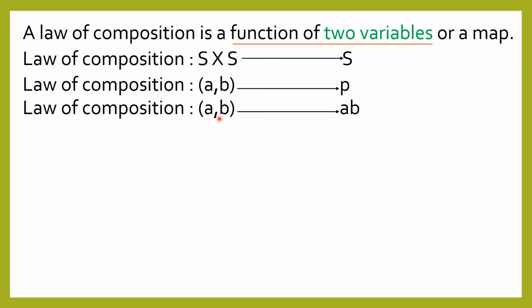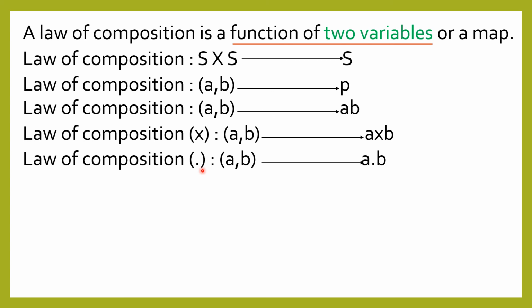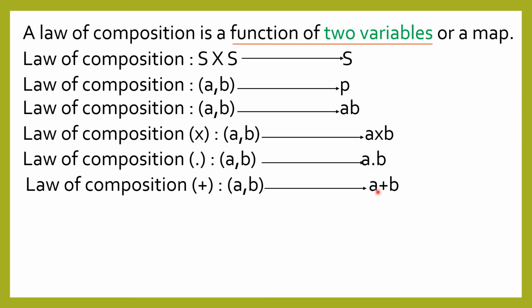If the law of composition is applied on A and B, then AB is the notation for that. Here A into B is the notation for which multiplication is the law of composition. Here A dot B is the notation for dot as the law of composition.